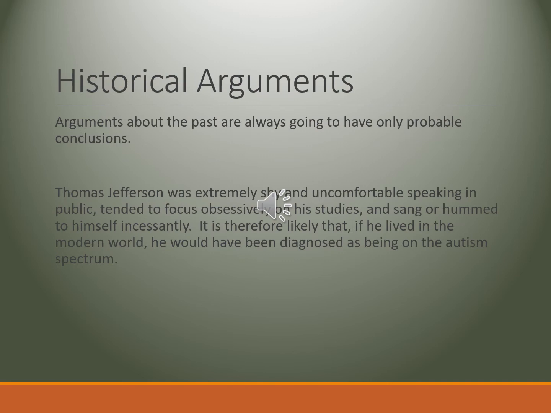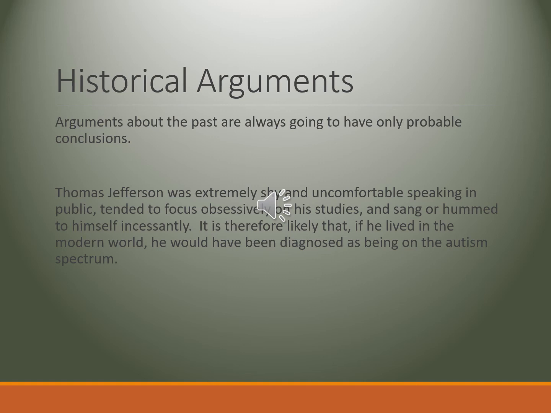You might be surprised to note that historical arguments about events that happened in the past are also inductive, for similar reasons that predictions are inductive. When we make a historical argument, we are always basing our argument on information about the past, but this information about the past is always going to be incomplete.